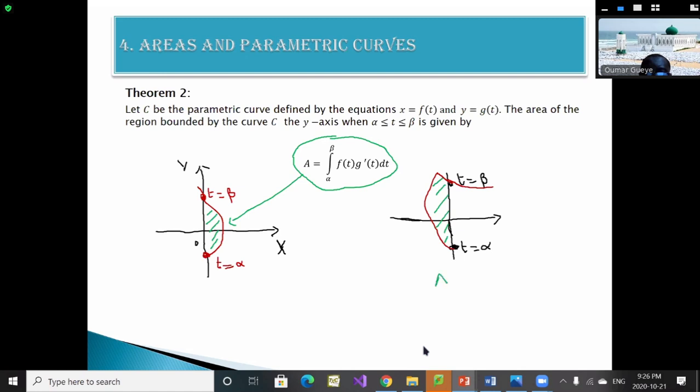For this one, the area equals minus the integral from alpha to beta of f of t times g dash dt.